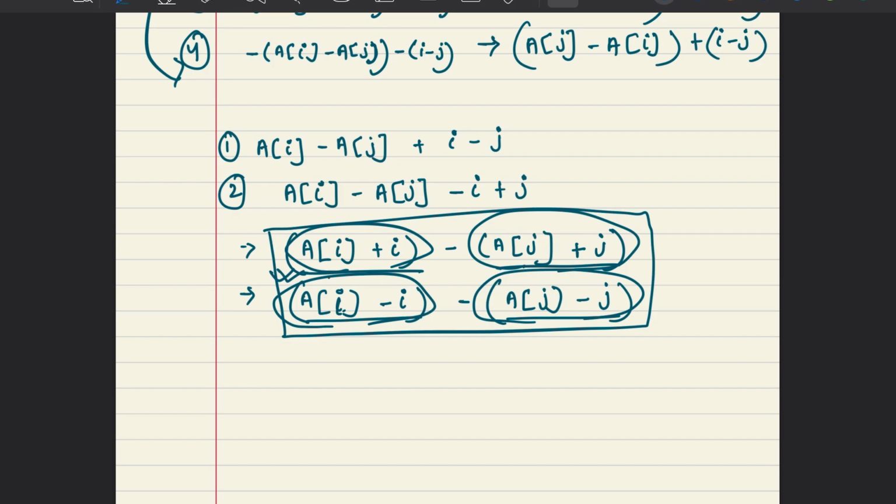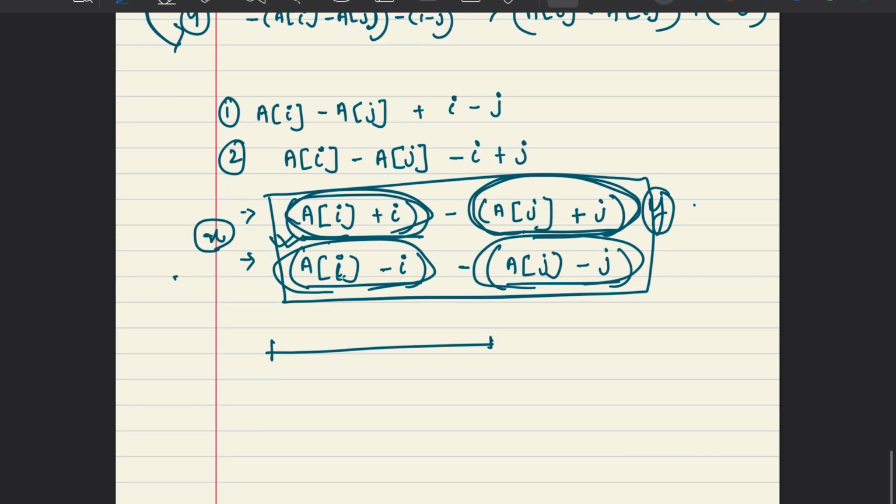So here we have to find the maximum absolute difference. How will we get the maximum? If a of I plus I is, suppose, x, and a of j plus j is y, then x should be the maximum of all the values and y should be the minimum of all the values, then the distance between them will be more.